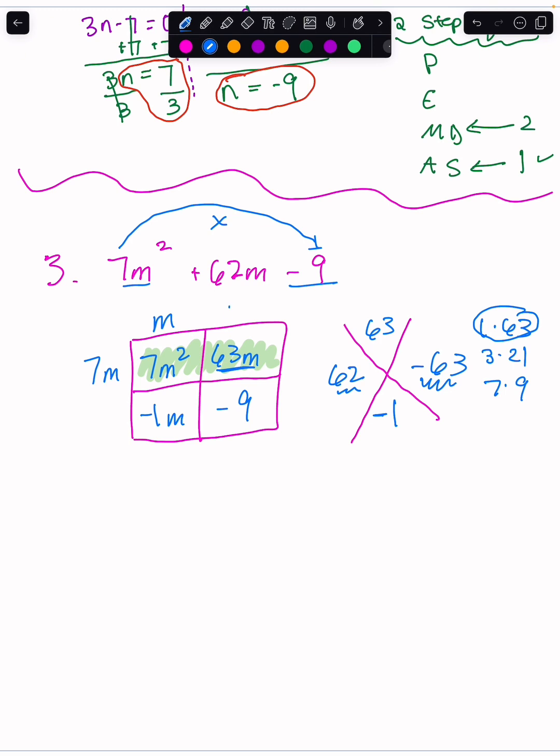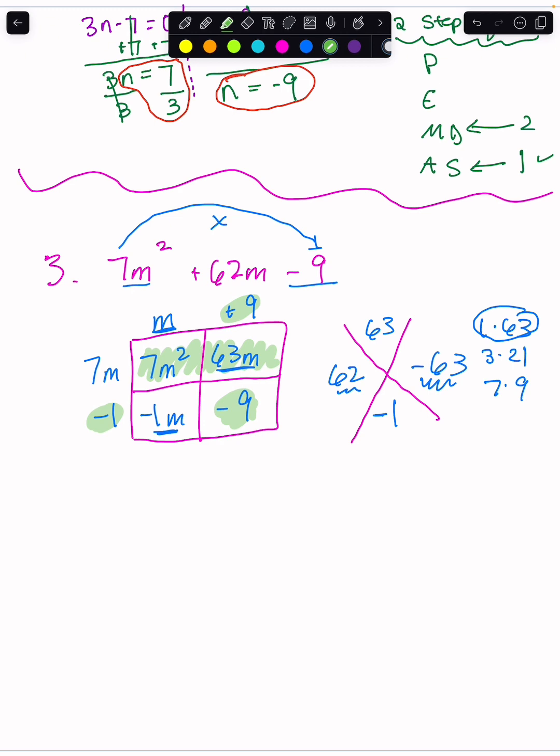And that happens to be a +9. Okay? Now, m times what is going to give me -1m. That's -1. Or you could have even looked here. 9 times something over here has to be that -9 right there. Okay? That's another way to look at it.